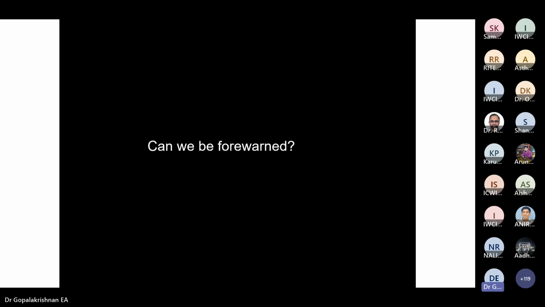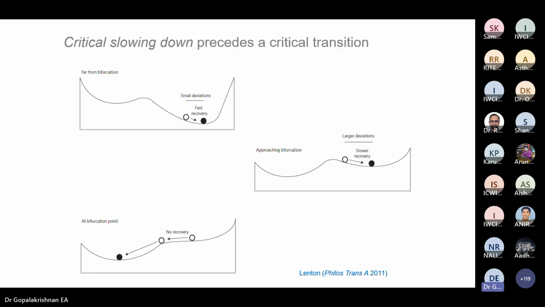Now we are asking the important question: can I be forewarned about the transitions that happen in a complex system? You saw the critical transition that could happen in a complex system. Can we be forewarned? The answer is yes, because there is a phenomenon called critical slowing down that will precede any critical transition.